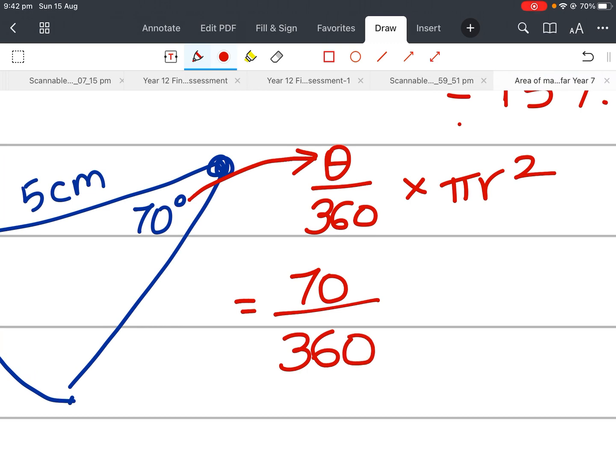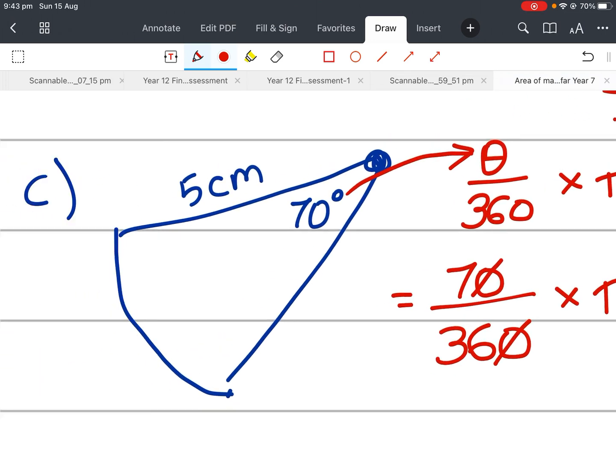Now, if I put that into my calculator, fraction key, then 70 over 360. It doesn't really reduce to much except for 7 over 36, which you probably could have done just by crossing off the zeros. Now that's okay, but since we're using a calculator, let's do this all in one go, shall we? So my next step is to multiply by pi r squared.